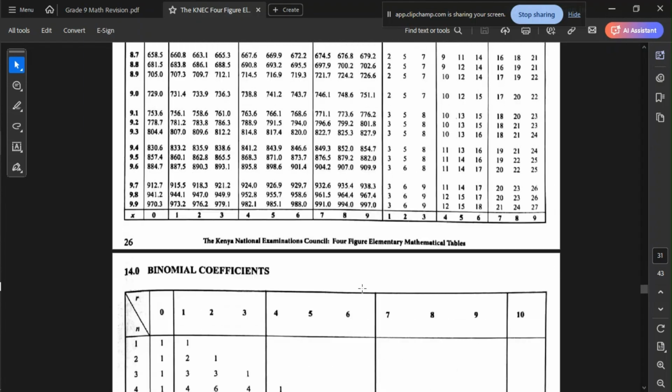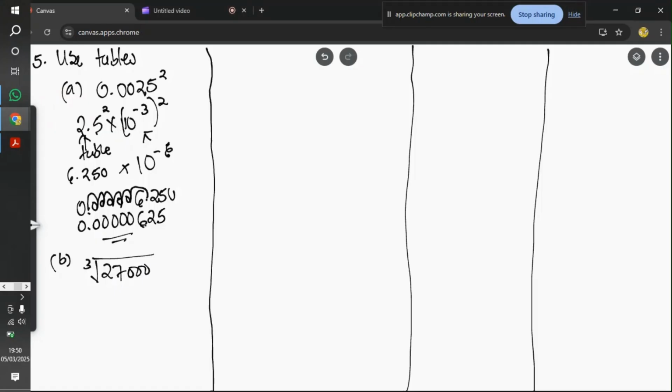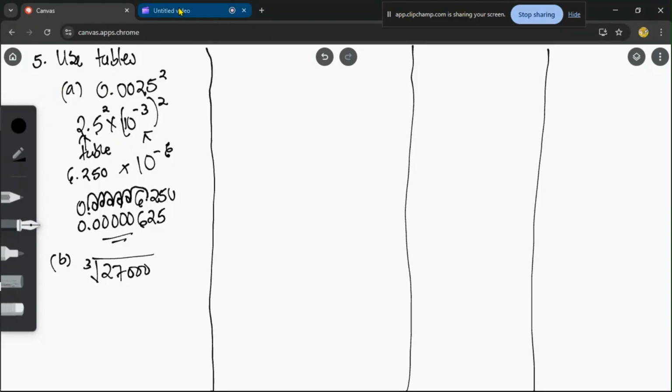You see the largest number here is 997. So it means that even our question cannot fit there. Therefore, I will have to write this one so that it can fit. This is the same as 27.123 all raised to the power of a third, since cube root is the same as power a third from the law of indices.